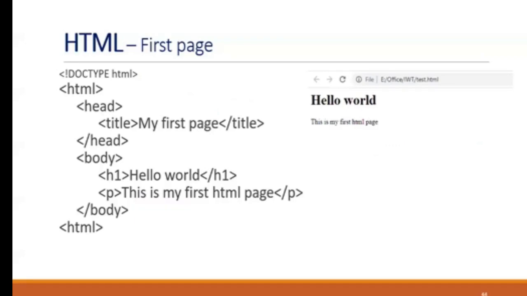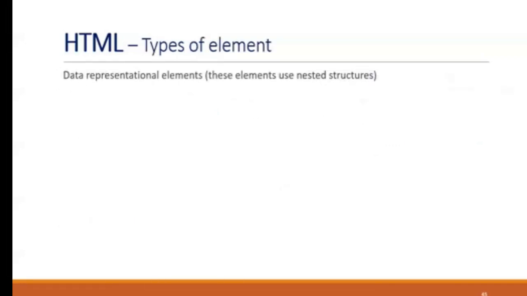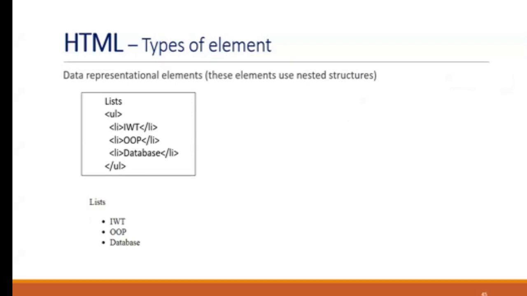Okay. So this we discussed. Then sometimes you are supposed to display a list of elements like bullet points, right? So how can you do that in HTML? Very easy. You start your list with UL and then LI. All the elements you have to start with LI and close LI. Start LI, close LI.